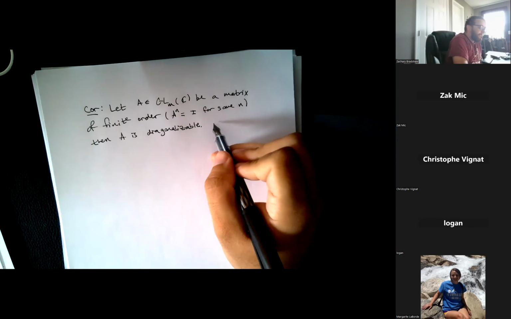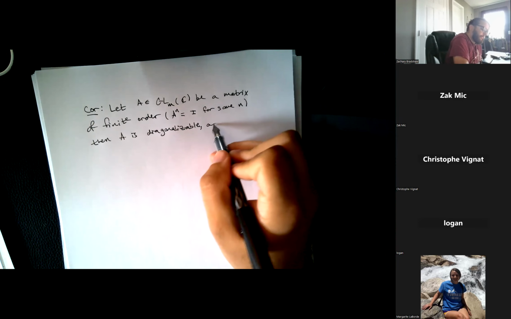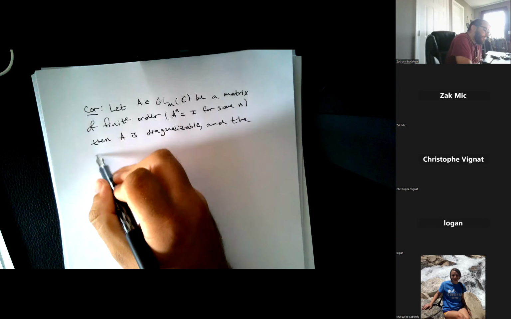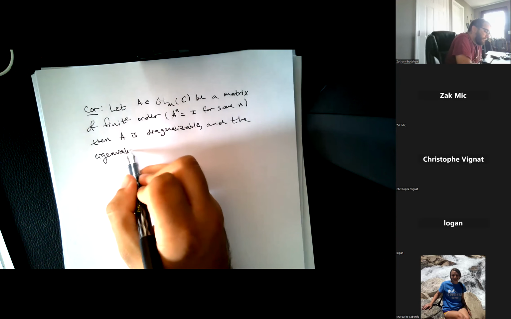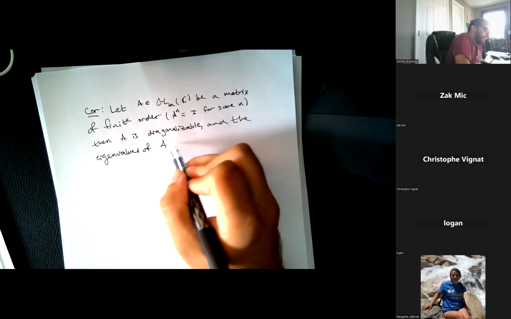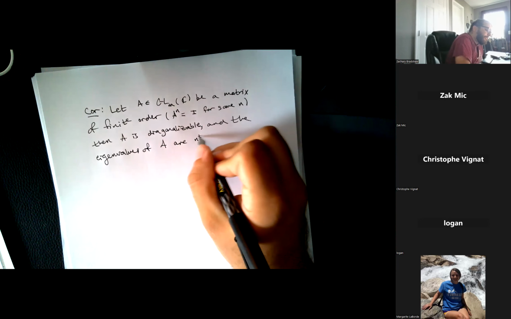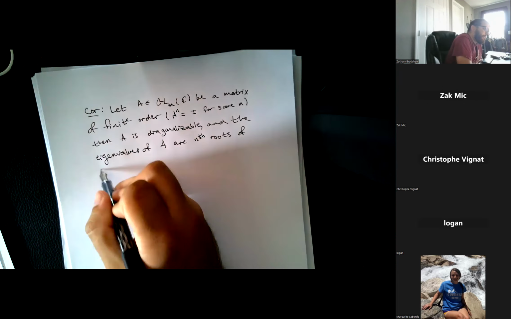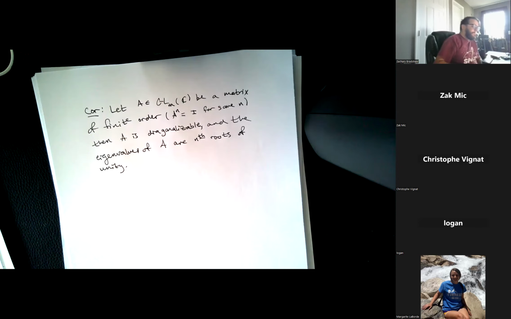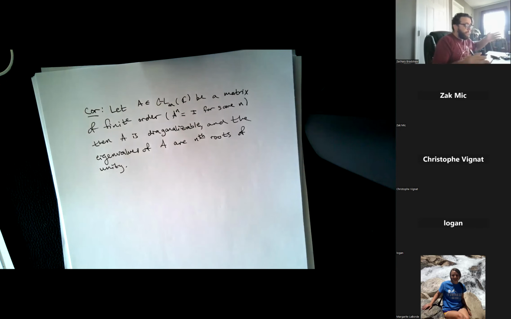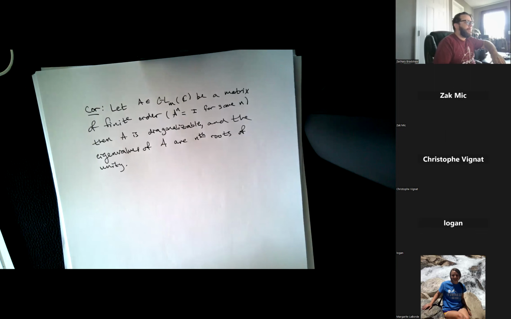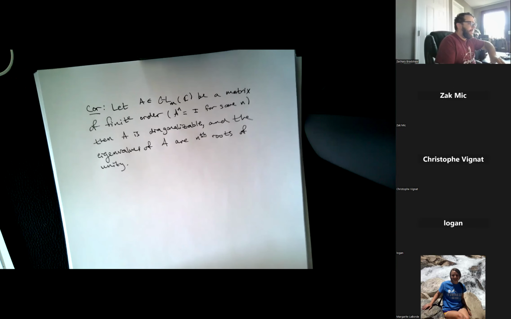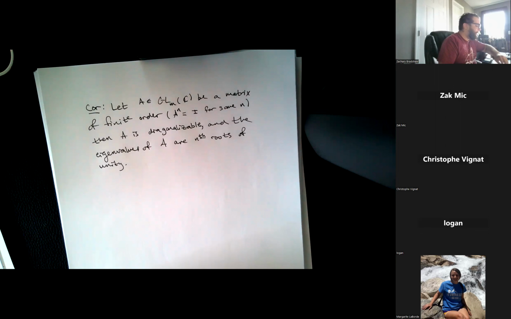And moreover, the eigenvalues of A are the nth roots of unity. The proof is in Steinberg. I'm going to pass this one up since it's just an application, and I'm more worried about getting through the theory right now. We'll do plenty of application later.